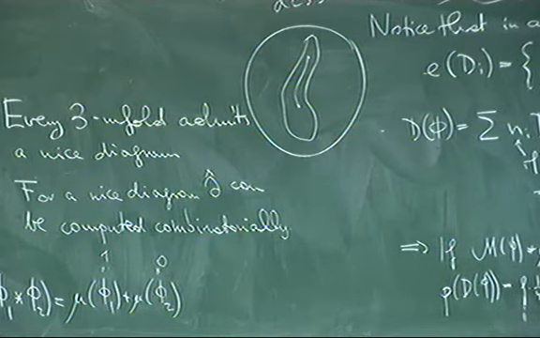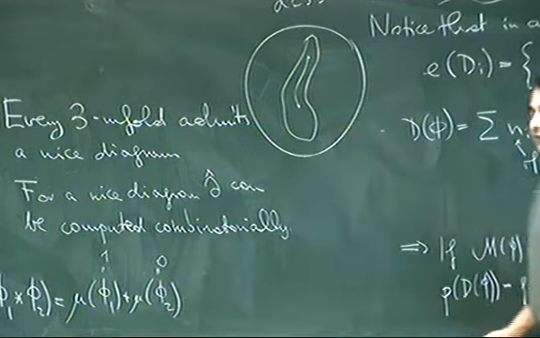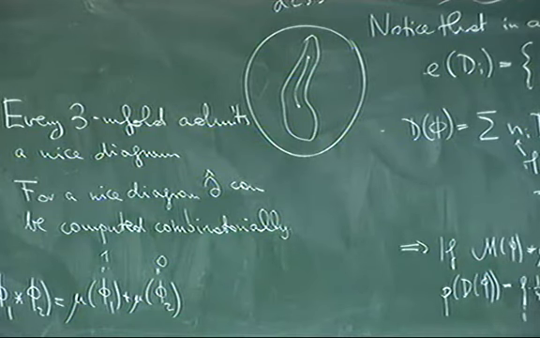Okay, so this is the reason. This is actually the reason why we like nice diagrams, because this Euler measure cannot become negative. The point measure is always non-negative, and so when they sum up, they cannot give you 0, and in fact they can give you 1 only under very specific circumstances.